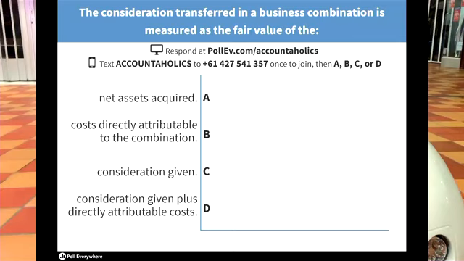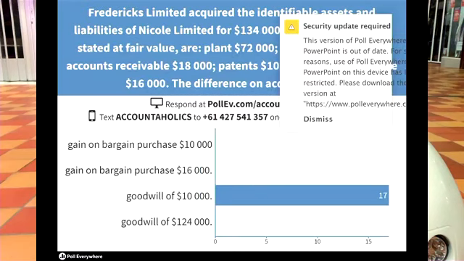And B, the same, costs directly attributed to the combination shouldn't be included. And the net assets acquired, that's really coming from the acquiree side. We compare the consideration provided with these net assets acquired. So the answer should be C.